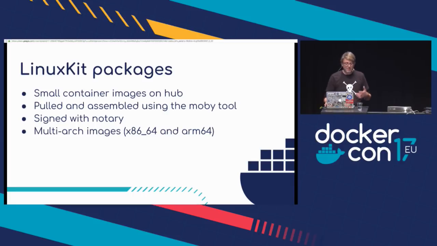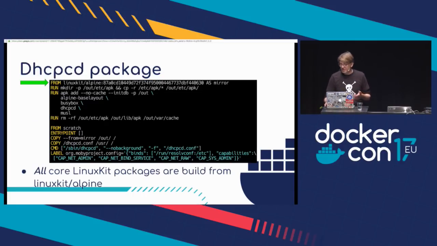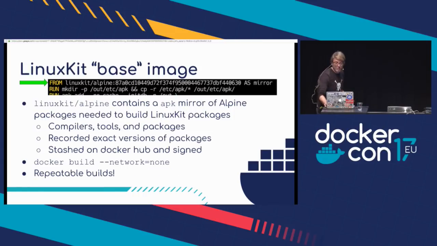Let's have a look at the DHCP package which we used earlier. Packages are built using a Dockerfile, and all the core LinuxKit packages are actually built from what we call the Alpine base image, which you see where the green arrow is. So the LinuxKit base image is essentially an APK mirror.